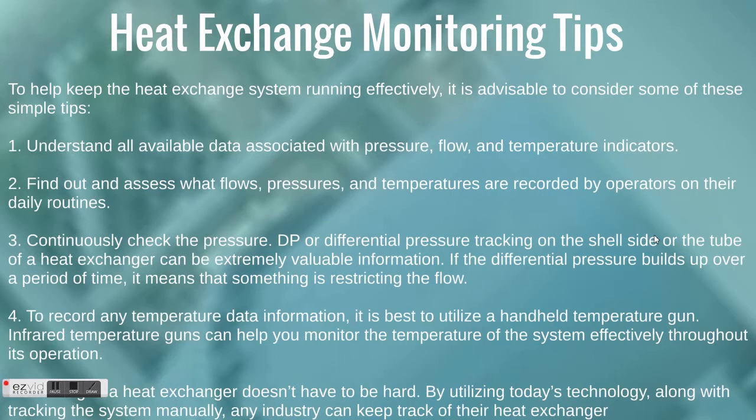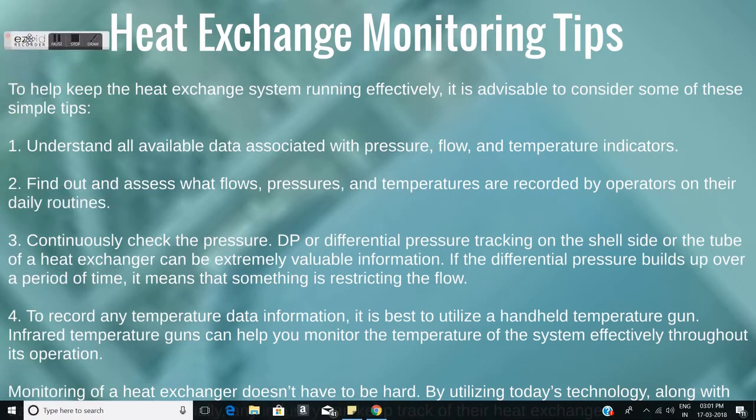Heat exchanger monitoring tips. To help keep the heat exchange system running effectively, the tips are as follows. 1. Understand all available data associated with pressure, flow, and temperature indicators. 2. Find out and assess what flows, pressures, and temperatures are recorded by operators on their daily routines. 3.